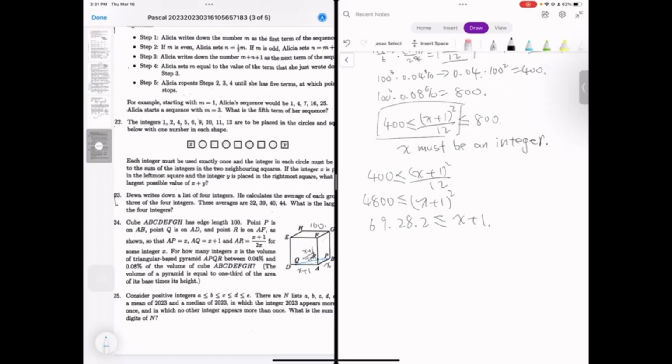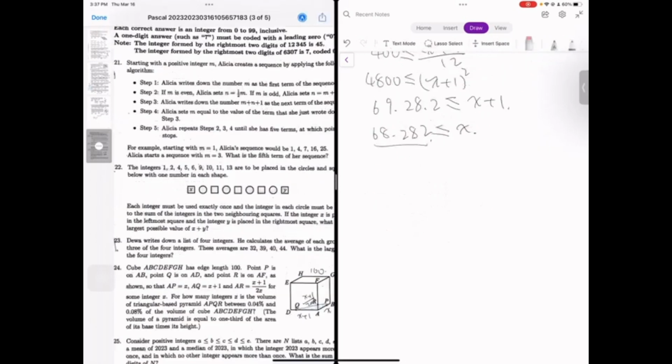So we minus 1, and this is 68.282 something, less than or equal to x. We can also write it as x is greater than or equal to 68.282 something. And if we need to round this into an integer, then x must be greater than or equal to 69.